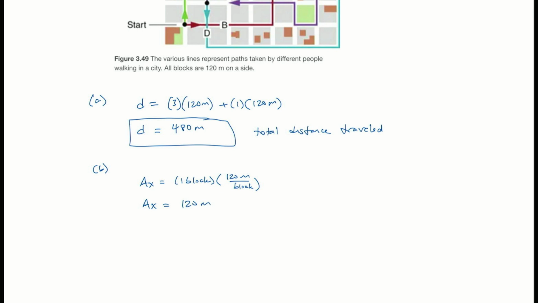Okay, and then our y component is the 3 blocks north, and that is times 120 meters per block. And so our y component is 360 meters, and that's going to be north.